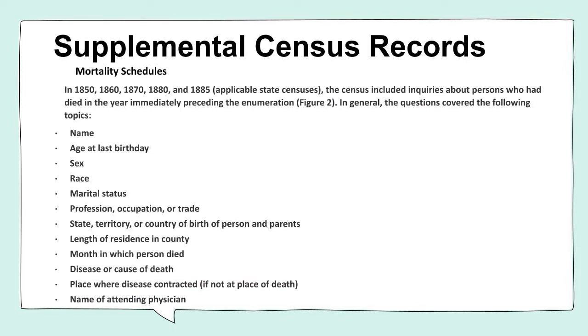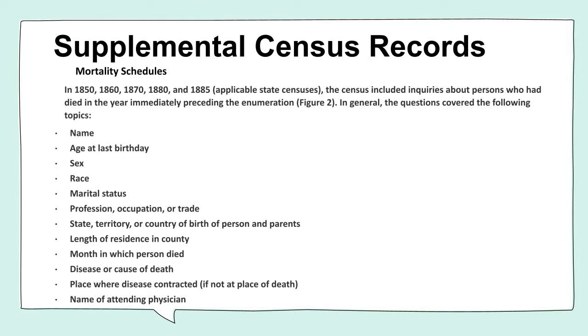Another one that is of great interest to genealogists are mortality schedules. They were taken in 1850, 1860, 1870, 1880, and 1885 in applicable state censuses, and it included information about the people who had died in the year immediately preceding the census. And you can see the kinds of questions that were asked.